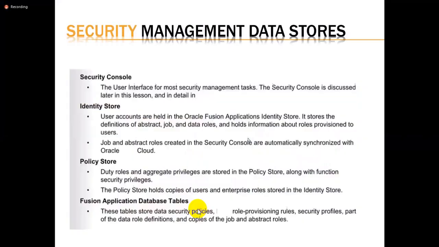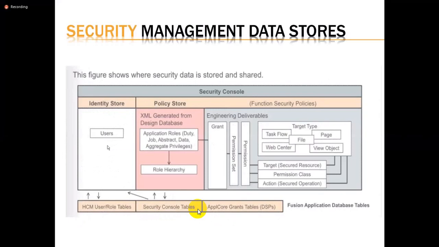So typically we have 3 things: identity store, policy store, and Fusion application database tables. So identity store is the store where user accounts, HCM user accounts and roles will exist. What roles?